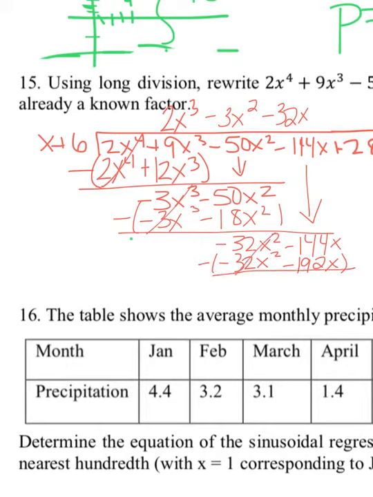Negative 144 minus negative 192 gives me 48x. I bring down the plus 288. 48x divided by x gives me plus 48. Multiply it out. 48x. And then 48 times 6 gives me 288. Parentheses and subtract. I get 0. So I know I did it right.